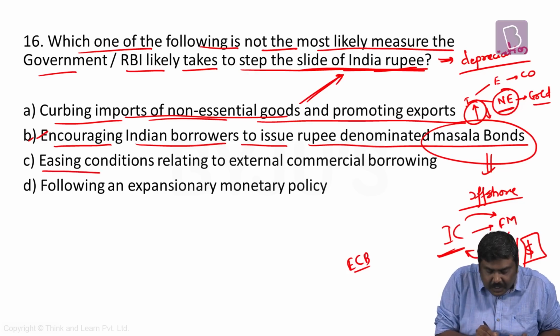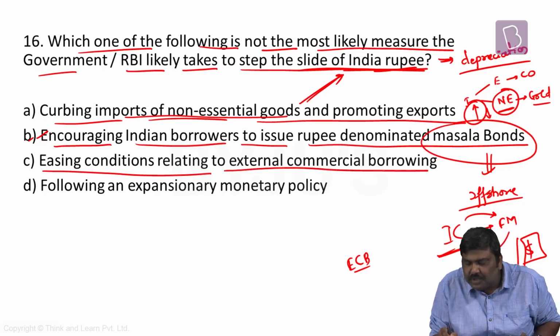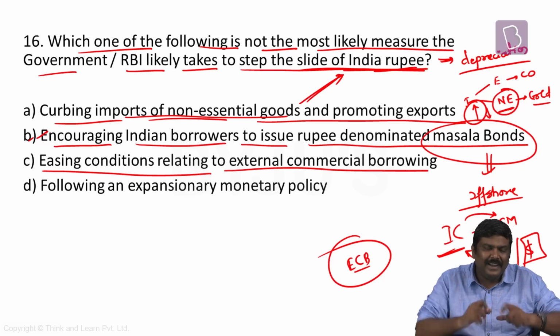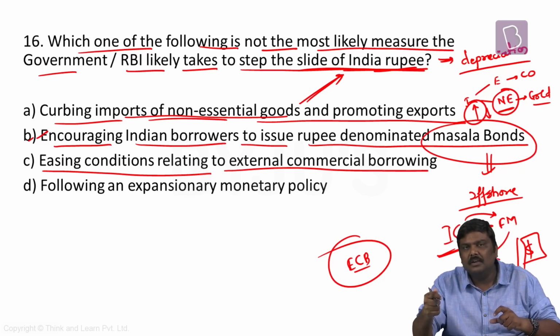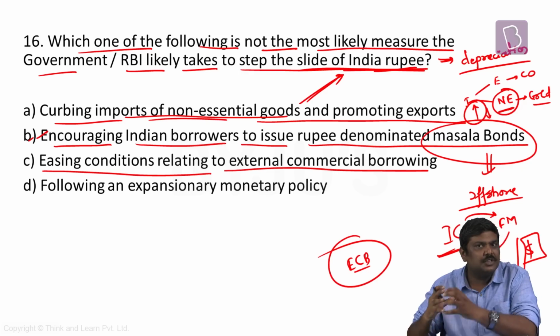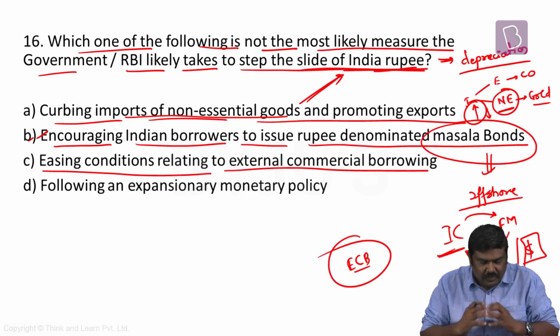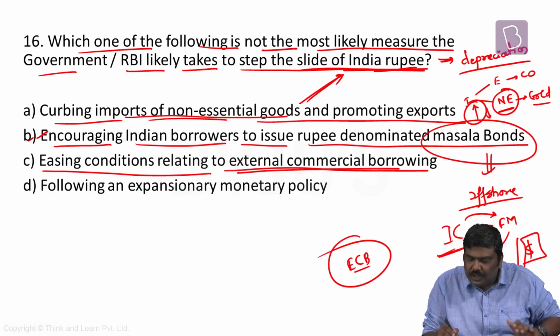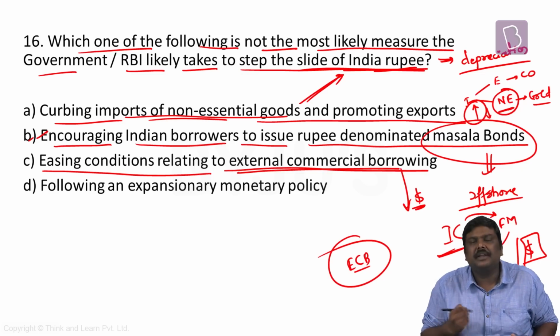Third, easing conditions relating to external commercial borrowing. Already I have mentioned the concept of ECB, that is, an Indian company going to the foreign market and borrowing from it. Whenever external commercial borrowings are done, we infuse dollars into the domestic market.